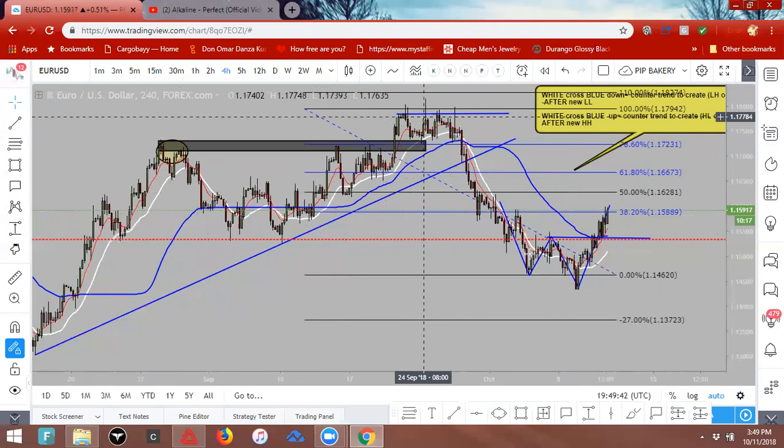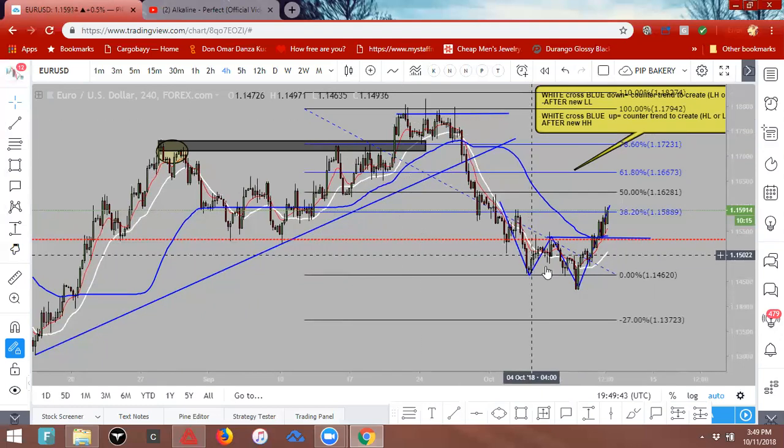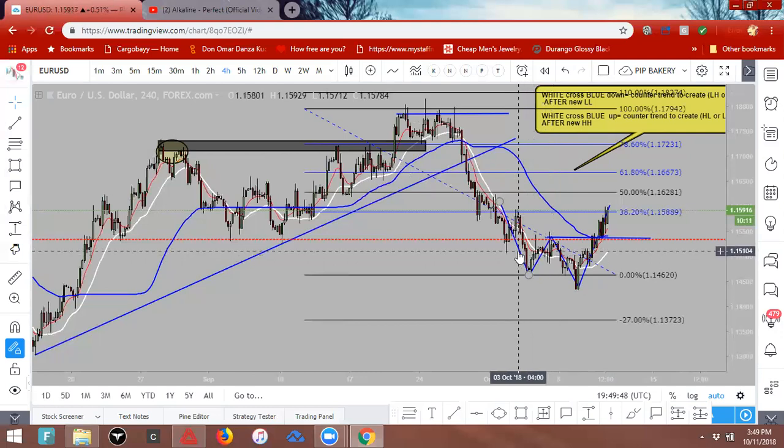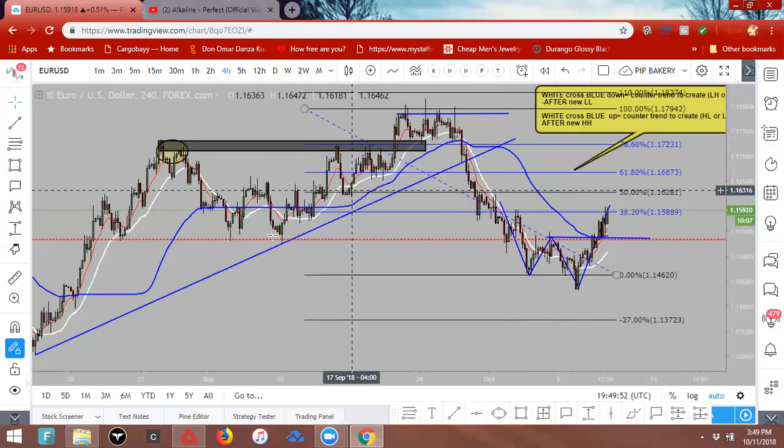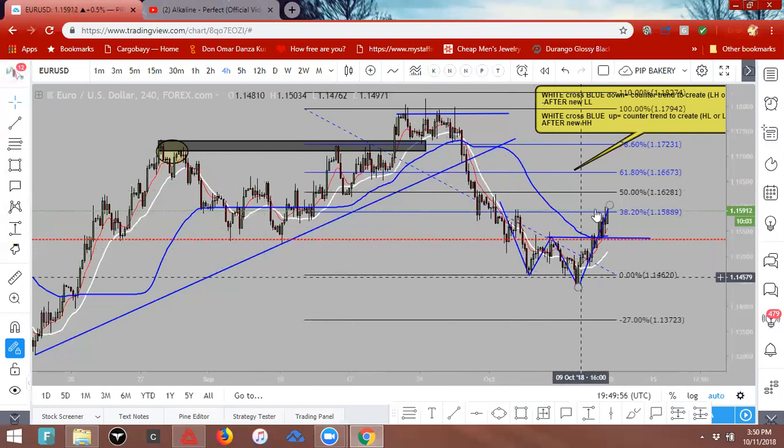New higher high, higher low. Well, I don't know if this would be considered a higher low or a low. Lower low or high, low, higher high.